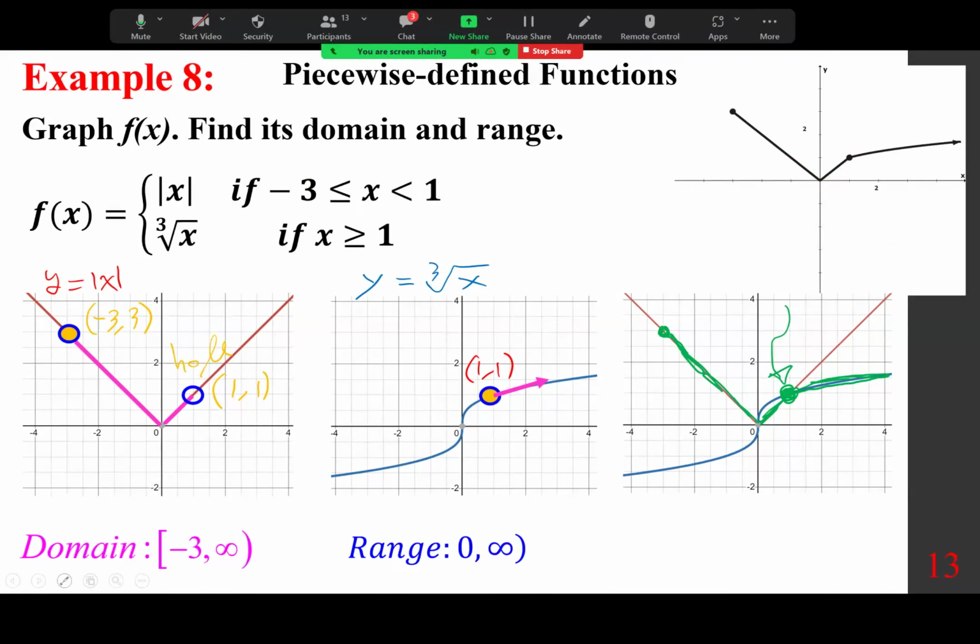So this means there's a bracket here, everybody. If it's hard to see, bracket 0 to infinity.